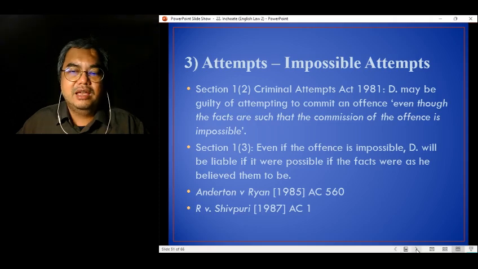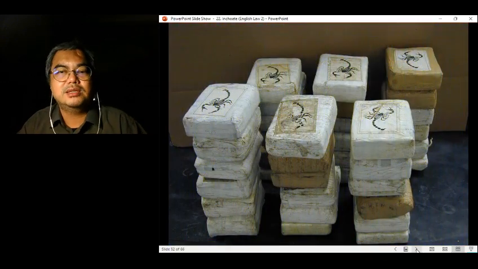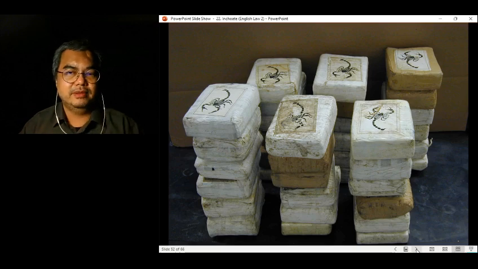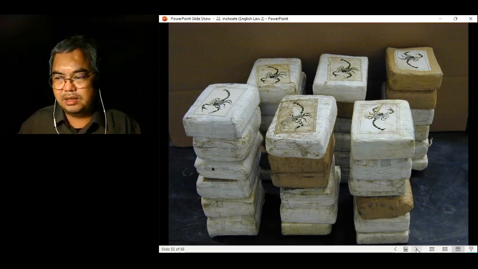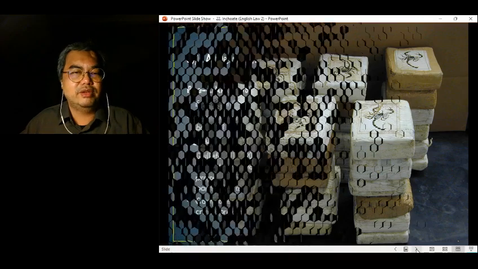So if they look at the facts as what they believe them to be, and they believe this to be drugs, then it would have been possible for them to commit the offense. So yes, you can be guilty of attempting to commit an offense, even though it may be impossible for you to commit that offense in the first place.